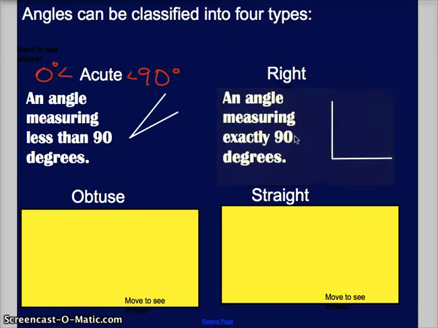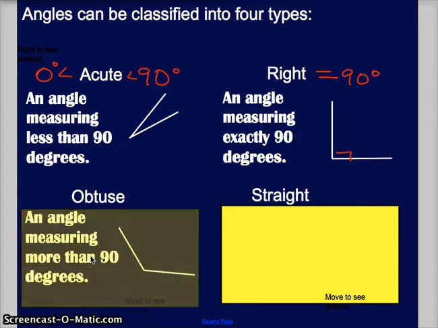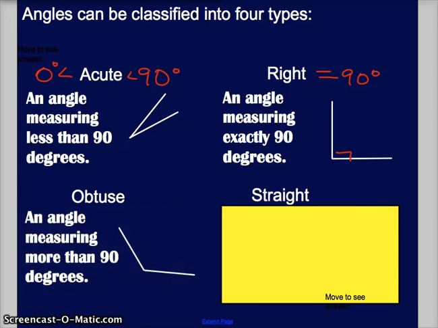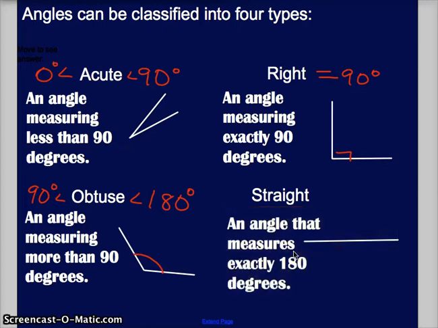Right angles measure exactly 90 degrees, and that's our symbol there. 90-degree angles are right. We have obtuse angles. Obtuse angles are greater than 90, but less than 180 degrees. That's a big angle right here, obtuse. And then we've got a straight angle, which measures exactly 180 degrees.